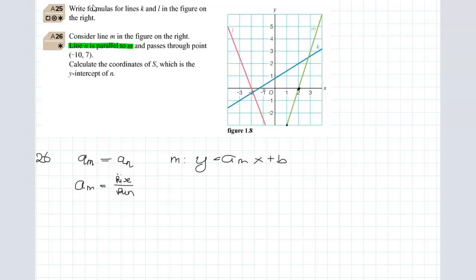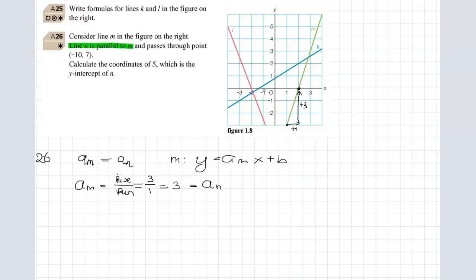If I then make a triangle, going to the right and moving up, a run and a rise, then I can see that my run is +1 and my rise is +3. So if I move 1 to the right, I go 3 up. That means I can fill in 3 over 1, and that means that the gradient for line M is 3, and that also means that the gradient for line N is 3.